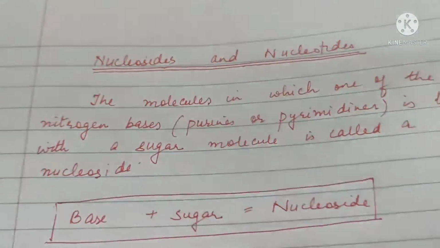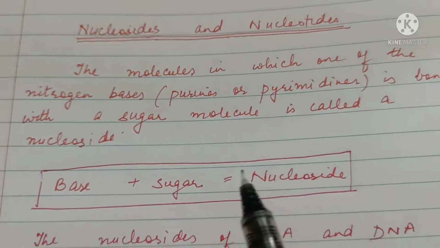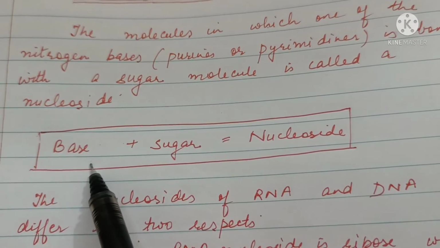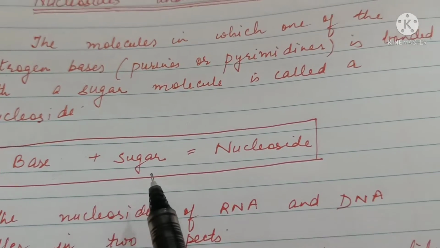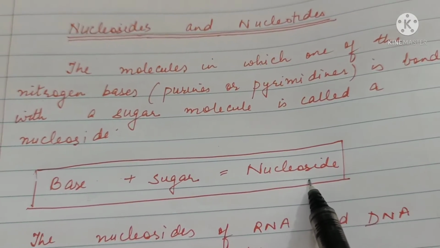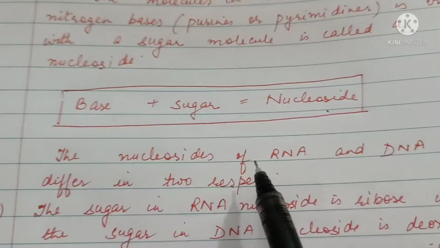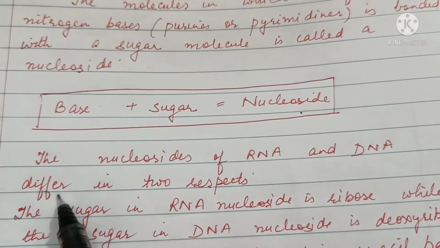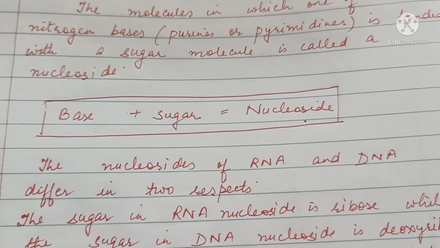Nucleosides and nucleotides. The molecule in which one of the nitrogenous bases is bonded to a sugar molecule is called a nucleoside. The nucleosides of RNA and DNA differ from each other in 2 respects.